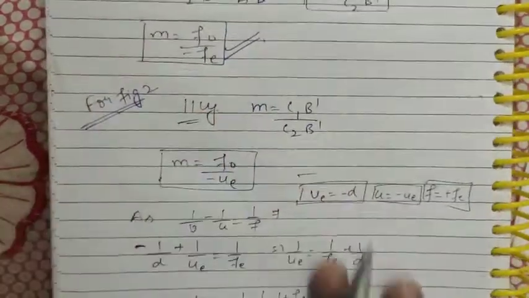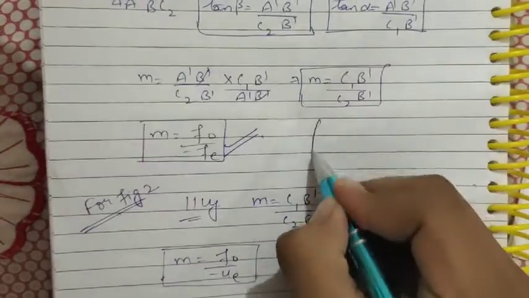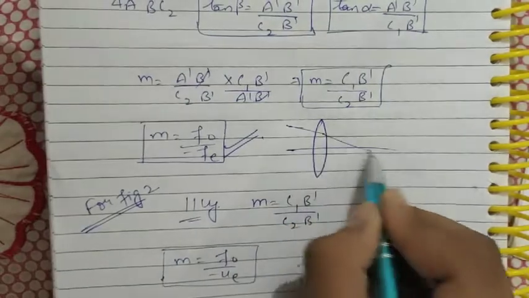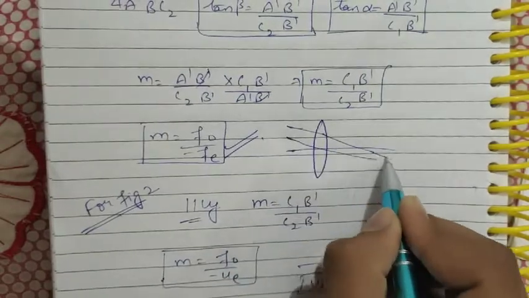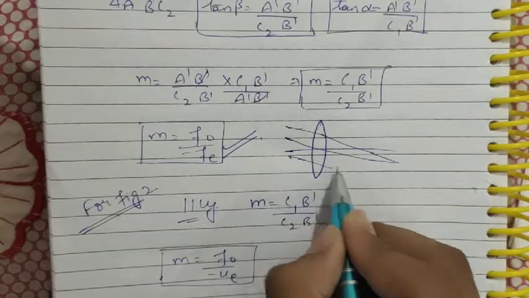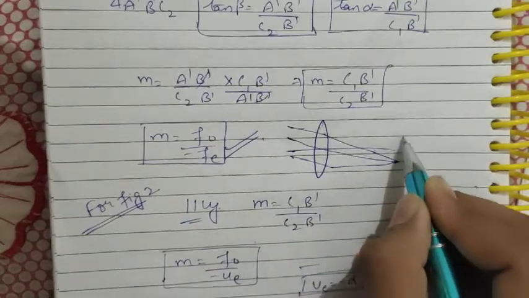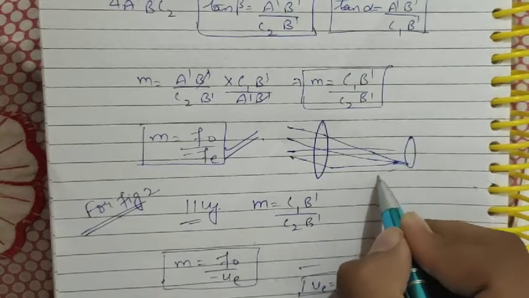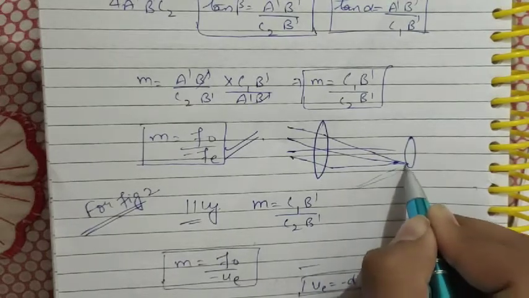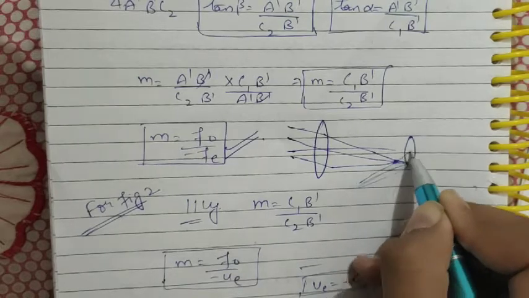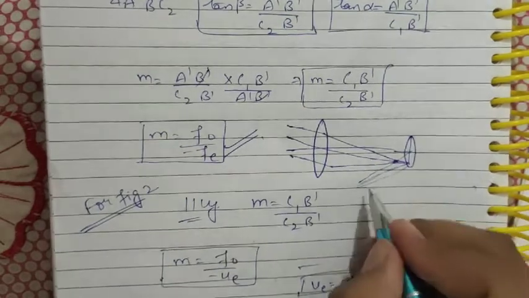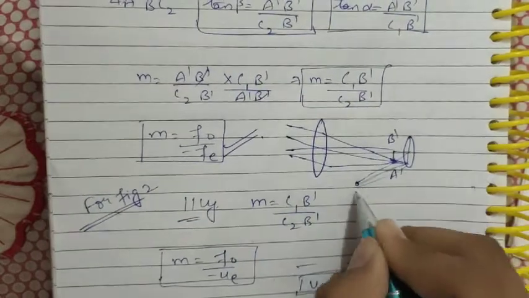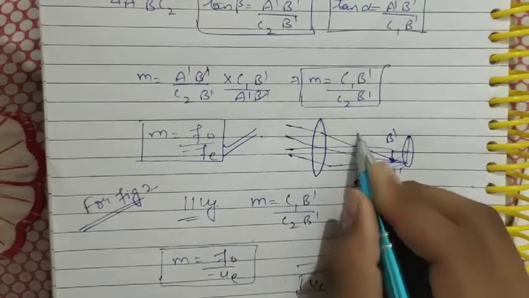Such type of image formation took place. It is B dash, A dash, it is A double dash, B double dash.